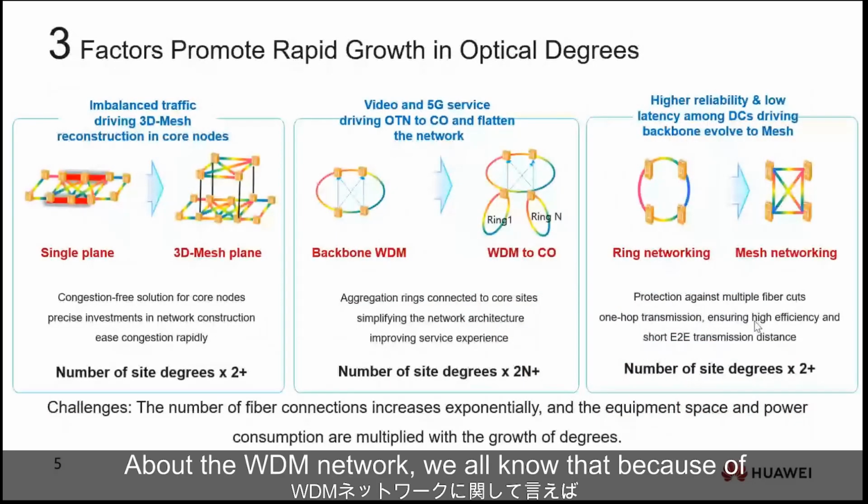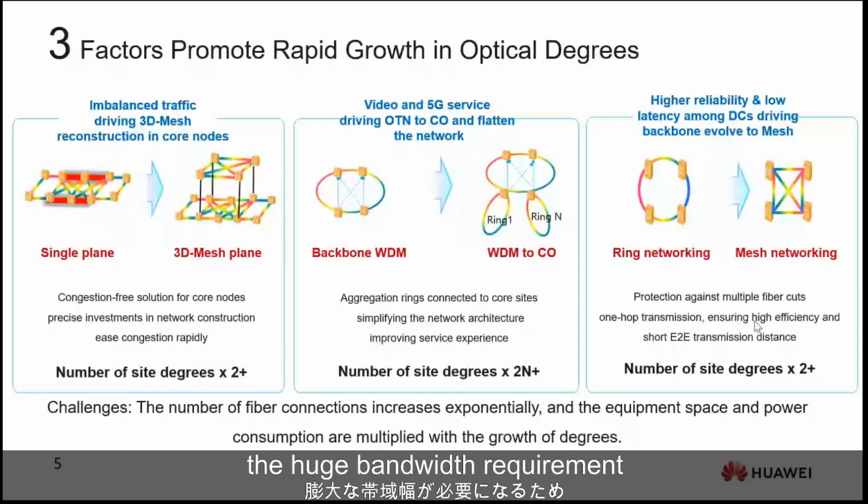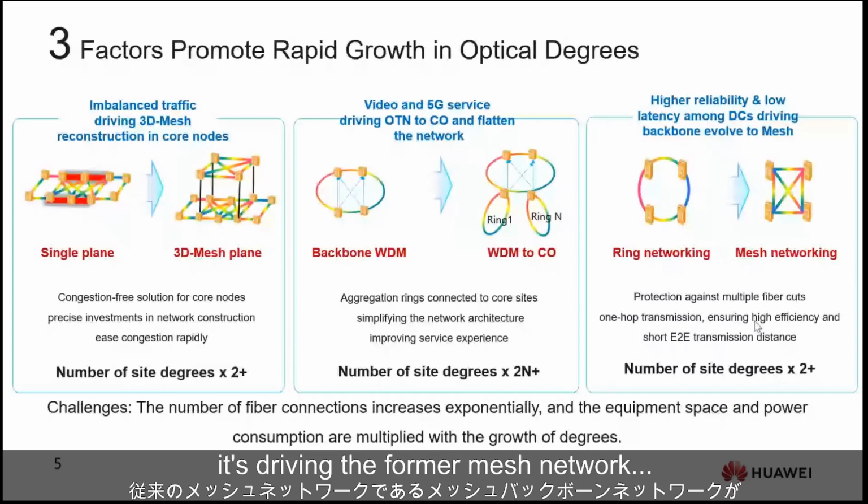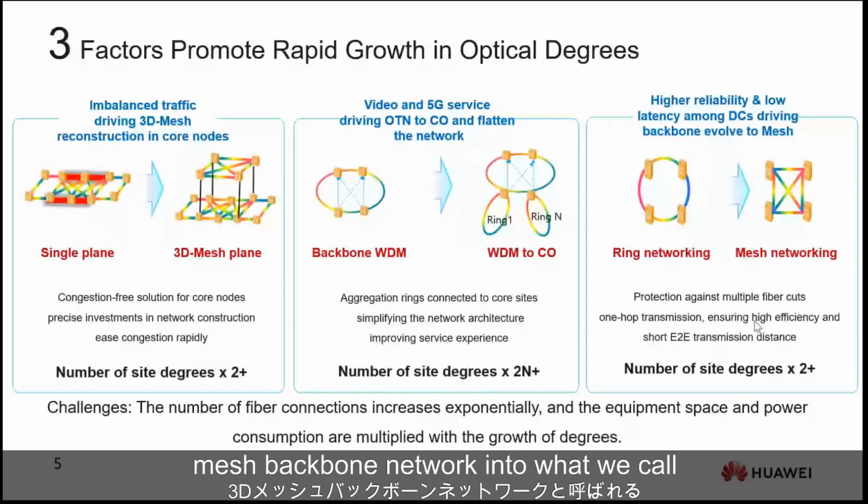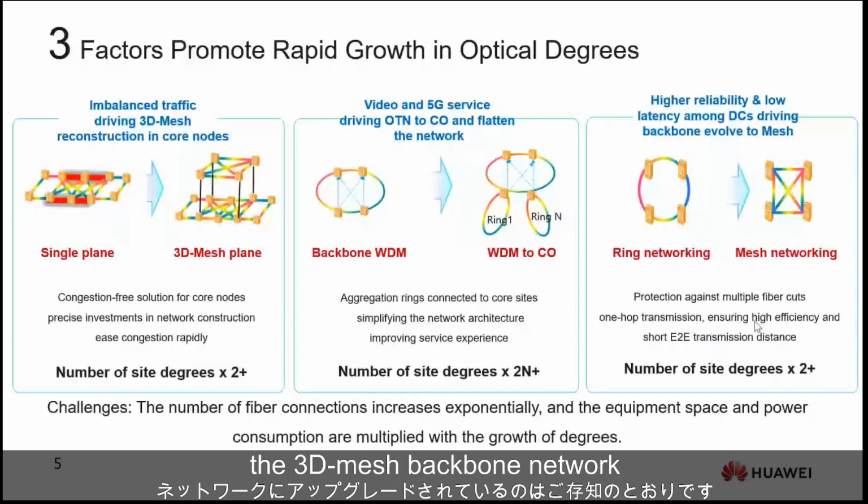About the WDM network, we all know that because of the huge bandwidth requirement, it is driving the former mesh backbone network into what we call a 3D meshed backbone network.